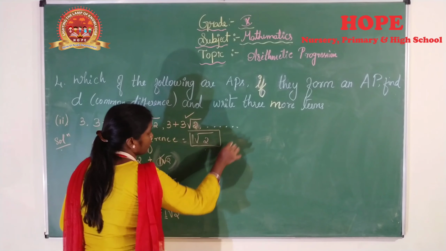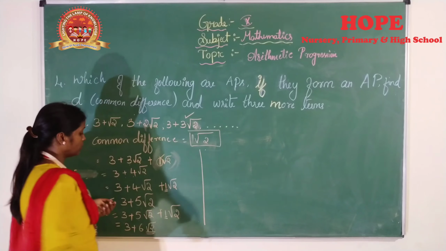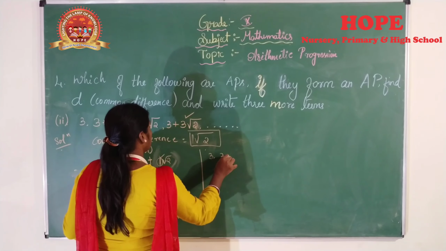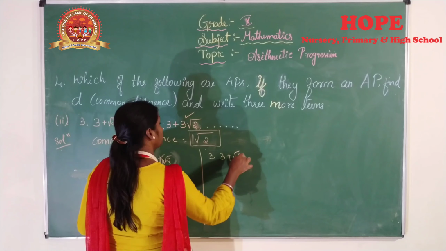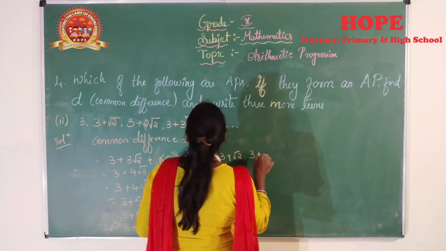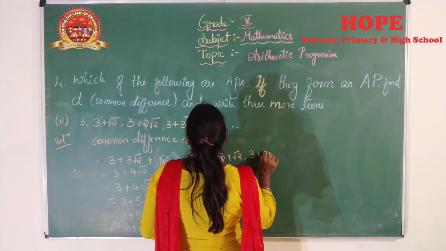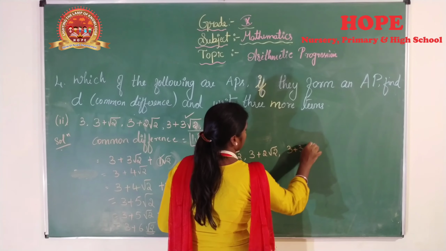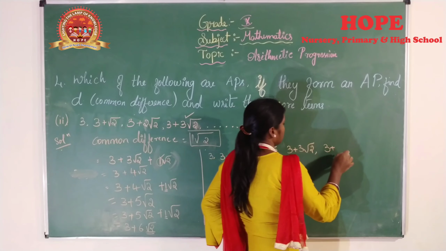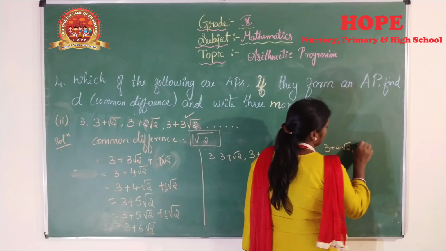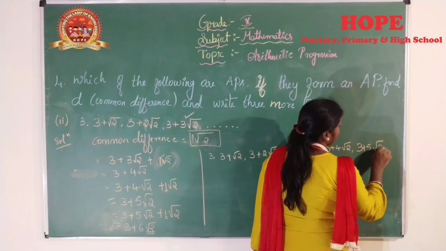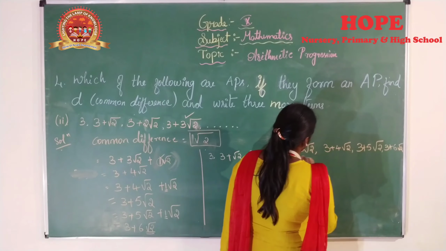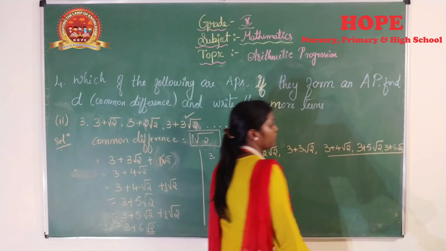So the 3 more terms, if we write in the series: 3 plus root 2, 3 plus 2 root 2, 3 plus 3 root 2, 3 plus 4 root 2, 3 plus 5 root 2 and 3 plus 6 root 2. These are the terms we have formulated.